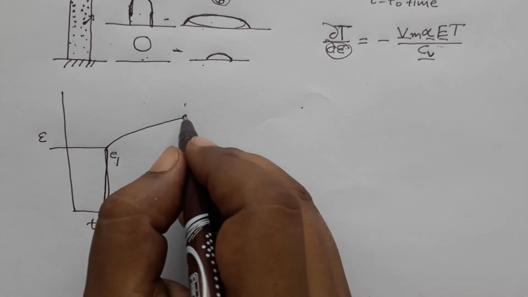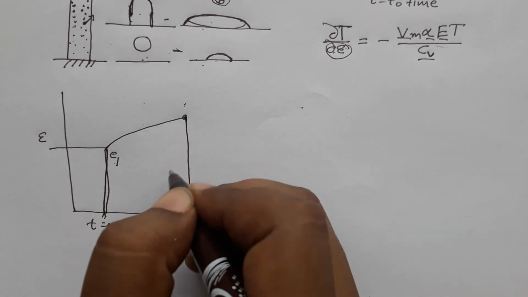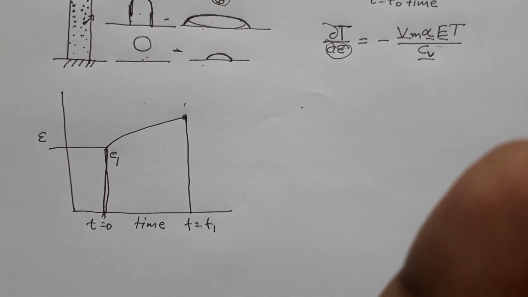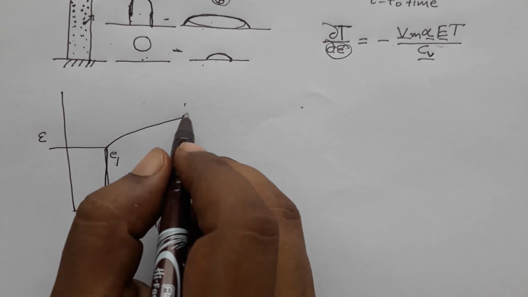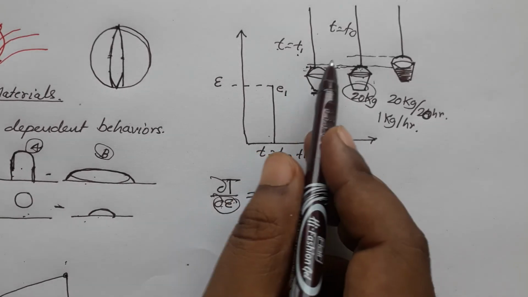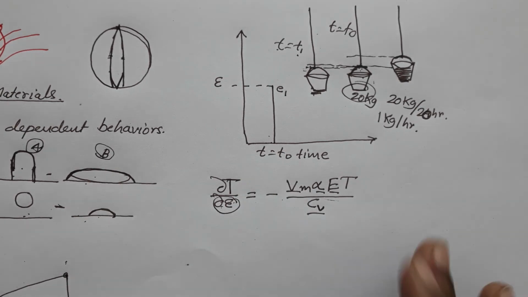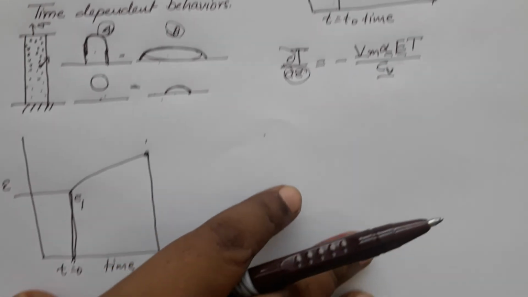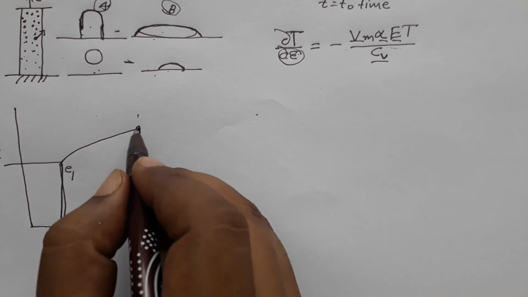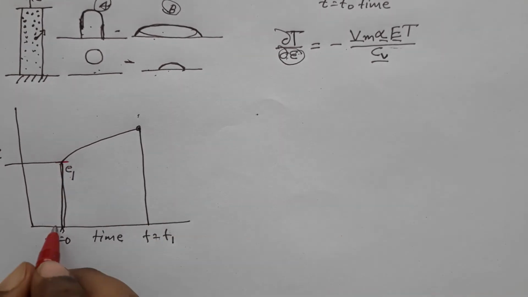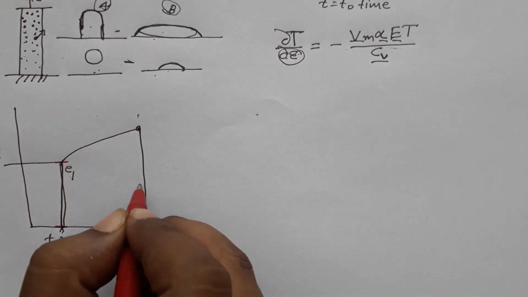Okay. And from here, if you unload suddenly, so suddenly you cut the bucket. So, the bucket has dropped and the wire is now free, but that process has also happened suddenly. So, what will happen is that the instantaneous strain will come back. So, this much amount of strain will be recovered instantaneously.